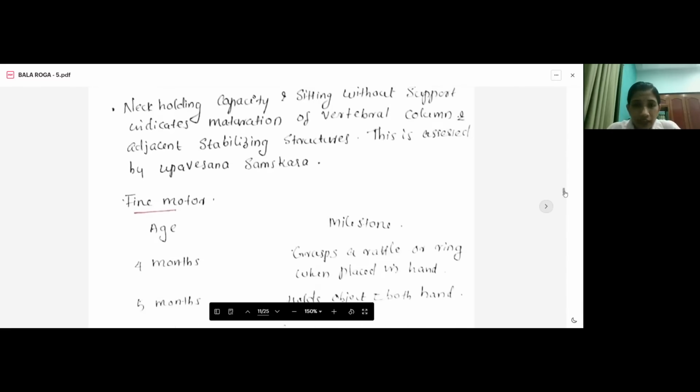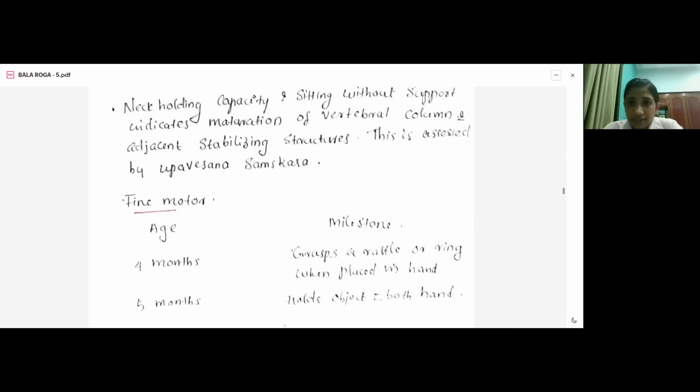One thing I have to say is that while studying, when you see a word that you have studied in earlier portions, then try to remember what points you have studied there. So if you see the Upaveshana Samskara, try to remember what things you have studied about it, what are the opinions of different acharyas, in which month these samskaras are advised, and also what are the complications produced due to Atyupaveshana.